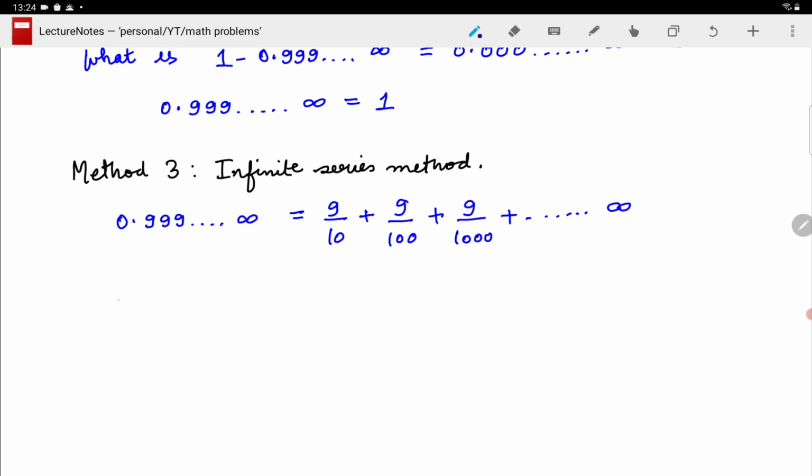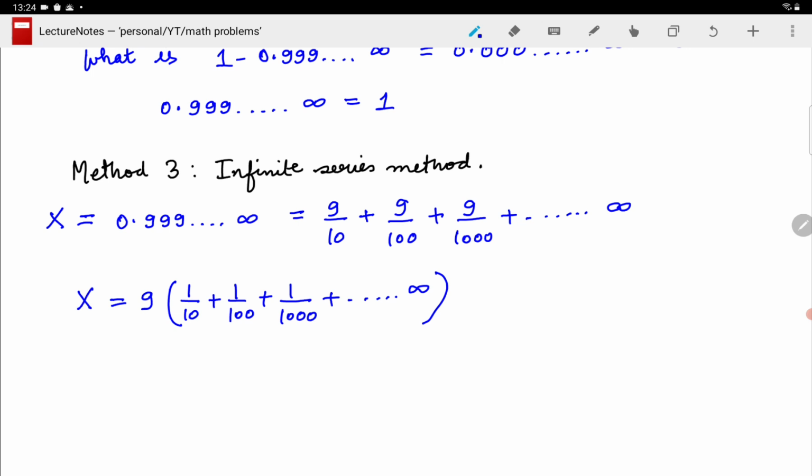Now factor out the 9. We get 9 times (1 by 10 plus 1 by 100 plus 1 by 1000 up to infinity). And let's say this is x. And so this becomes x here.